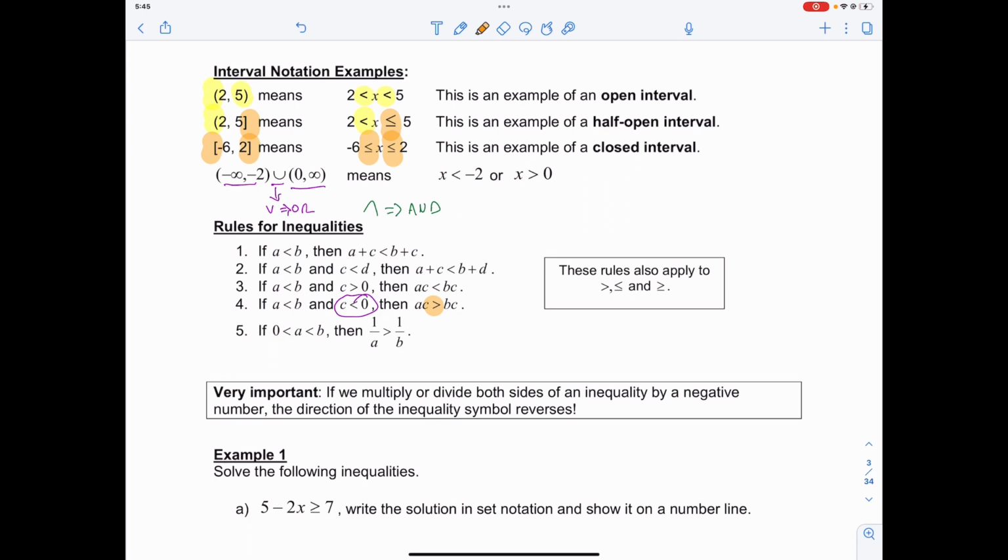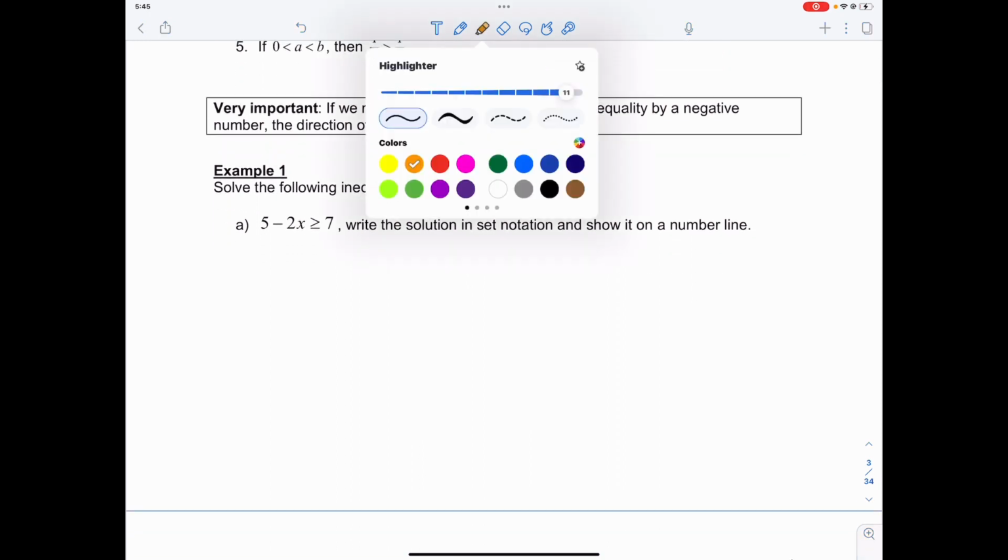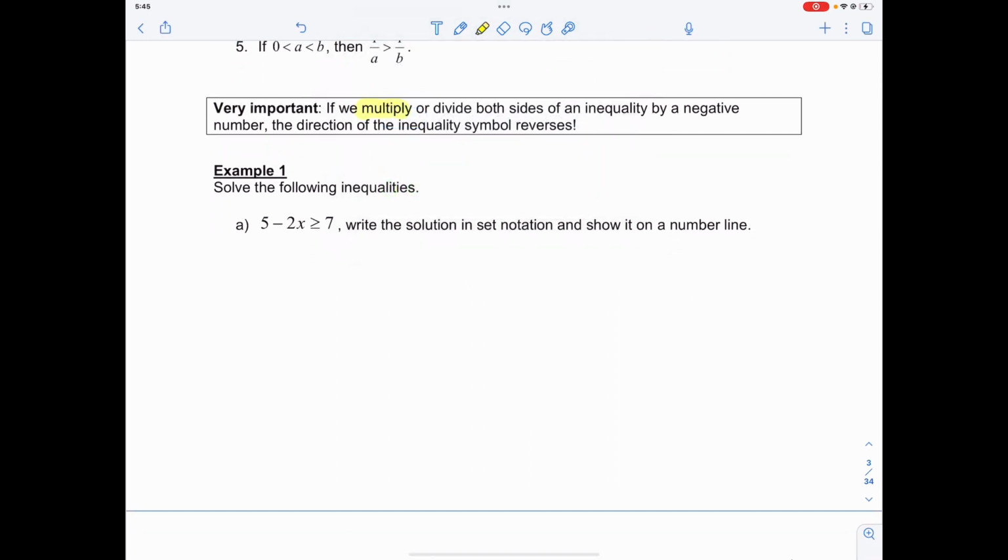And if 0 is less than a, which is less than b, then the reciprocal of a has to be greater than the reciprocal of b. Remember, as we've already talked about, if we multiply or divide both sides by a negative number, the direction of the inequality symbol reverses, and it's going to go in the opposite direction.